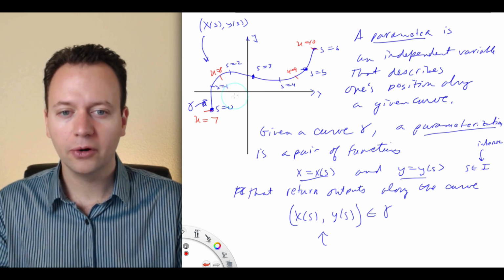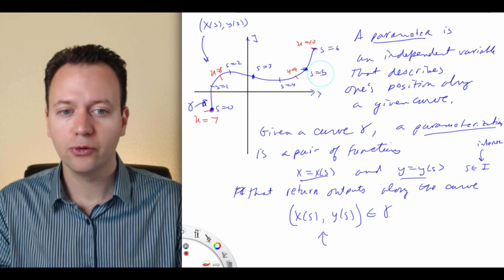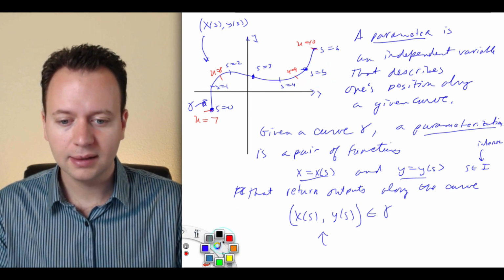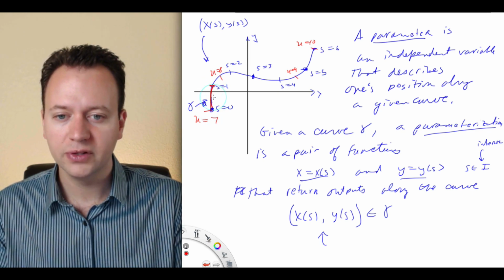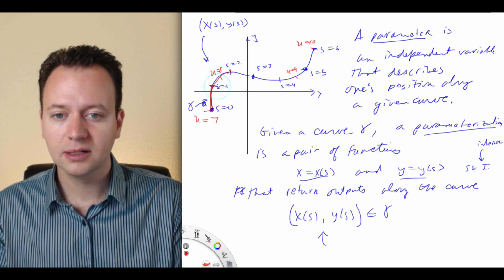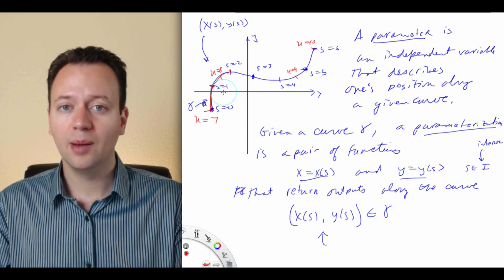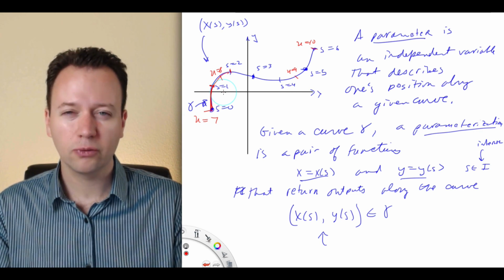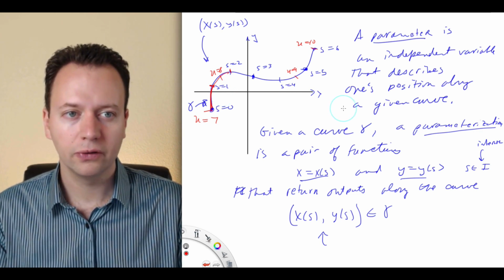If this parameter s represents parameterization with respect to arc length, what that means is that when s is equal to 1, the distance along the curve from 0 to 1 is 1 unit. When s is equal to 2, the distance between 0 and 2 is 2 units, and so forth. That's parameterization with respect to arc length, which we won't develop yet, but it's one way that people parameterize curves.